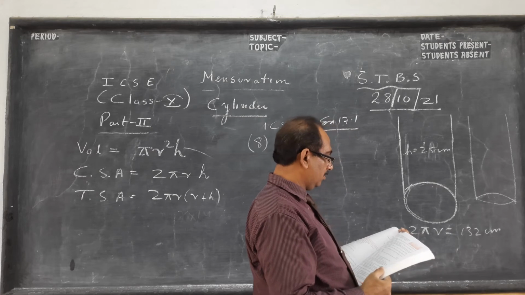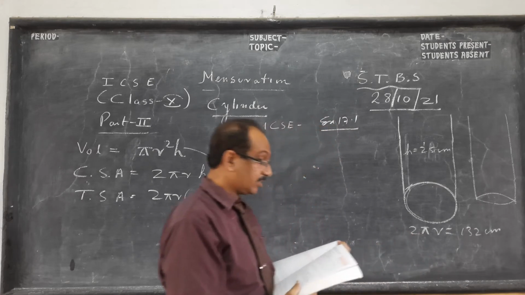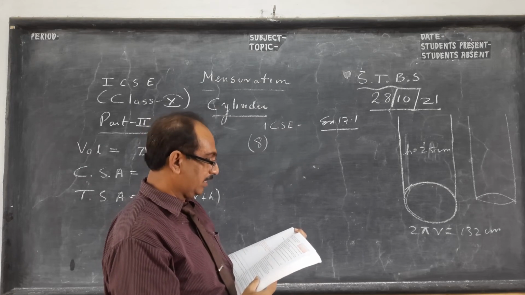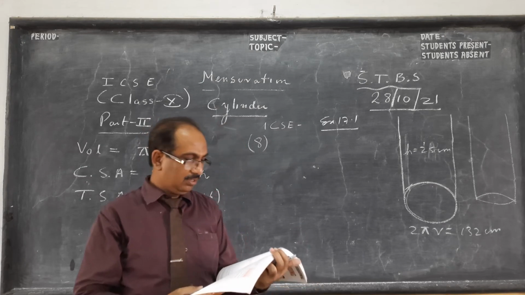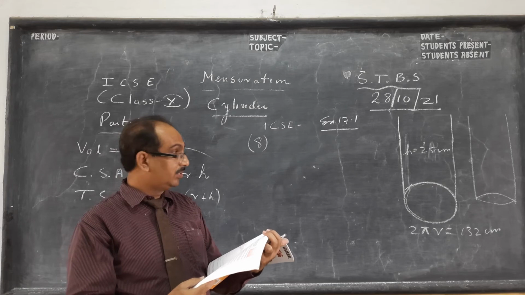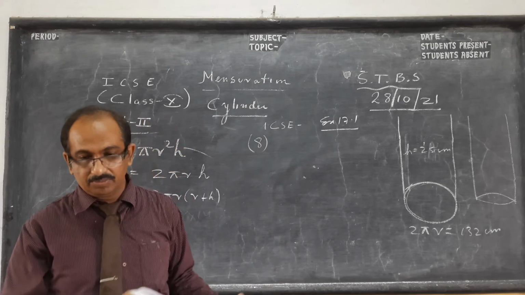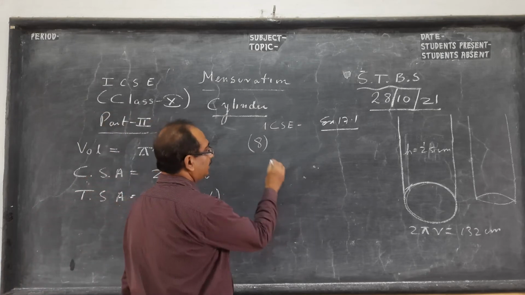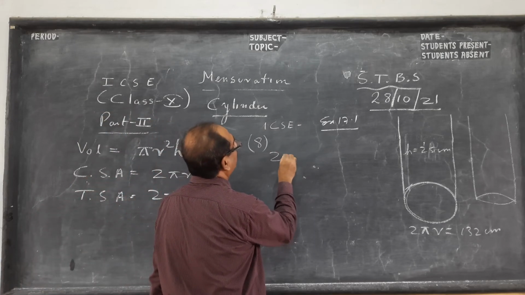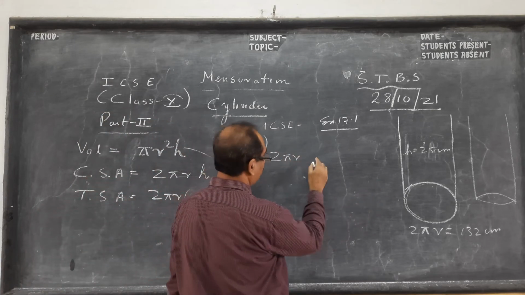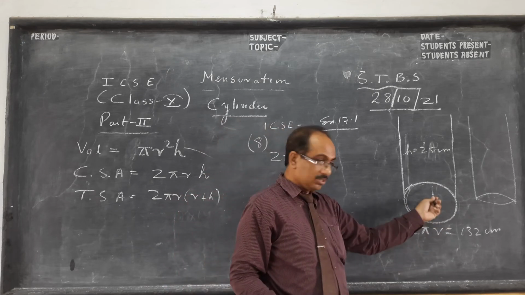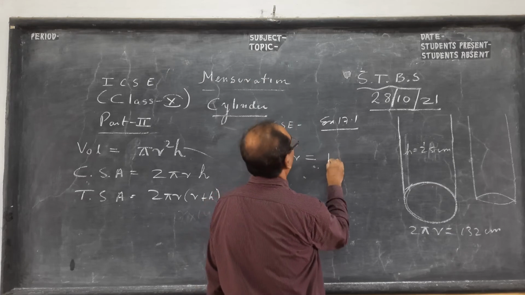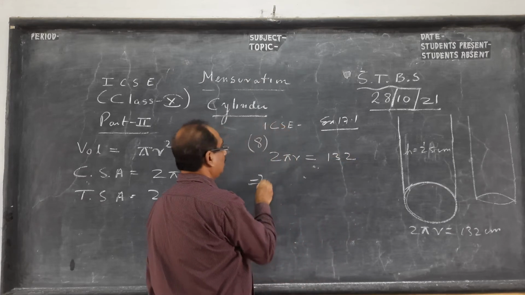And the circumference of the base, not area, you have to be very careful. Circumference of the base is 132 centimeter. You have to find the radius of the cylinder and the volume of the cylinder. So first thing, boys, radius. We know 2 pi r, circumference of the base of the cylinder, is nothing but circumference of circle, 132.